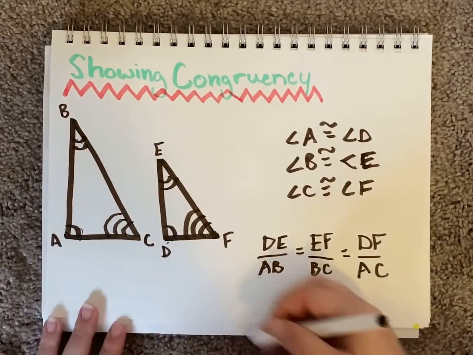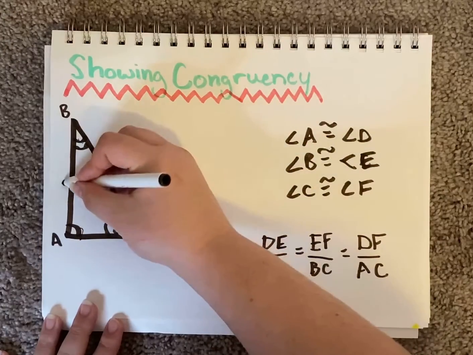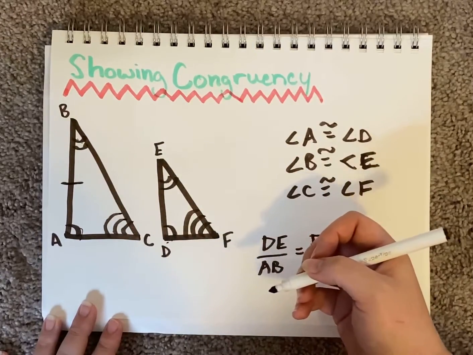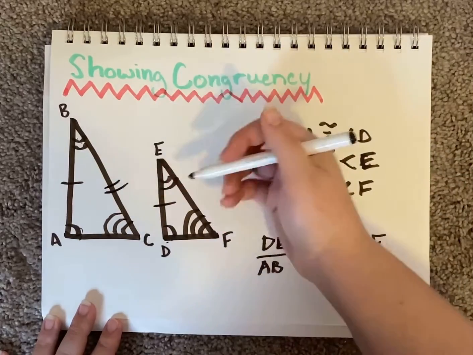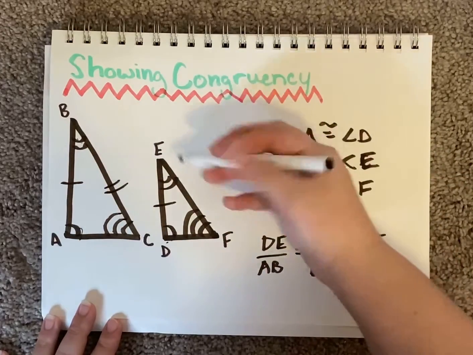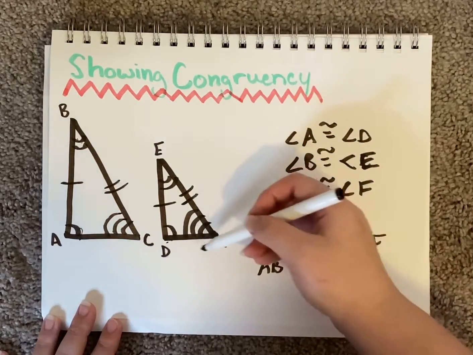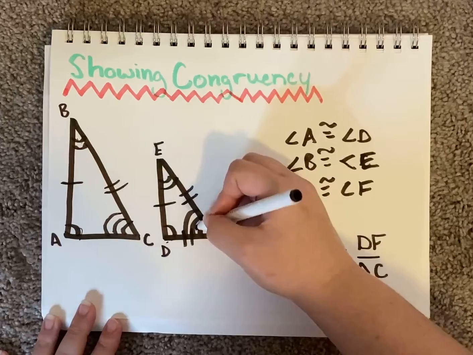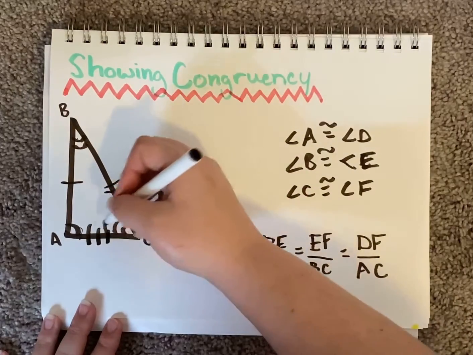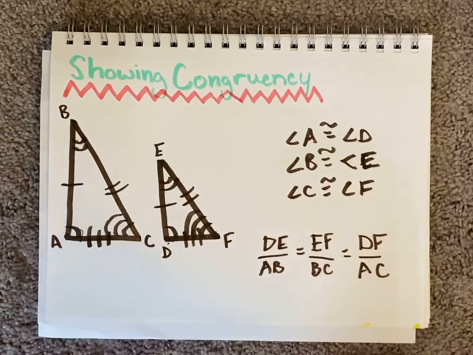To show that these are equal, we could put 1 mark to show that AB is equal to DE, 2 marks to show that BC is equal to EF, and 3 marks to show that FD or DF is equal to AC or CA. And that's how you can show congruency by markings.